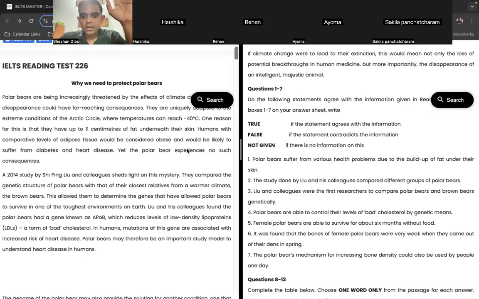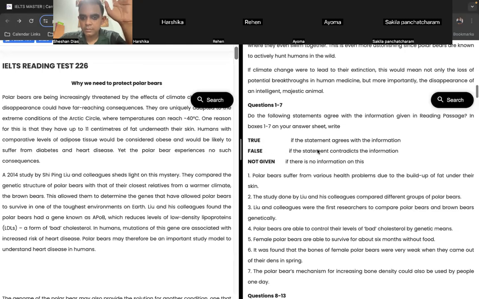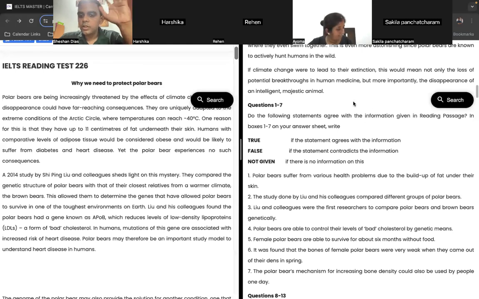Okay. Now, as you can see, the first type of question that you have got is a true, false, and not given type question. There is no word count per se for this because all you have to do is write true, false, or not given. Some students, because they are lazy, say T, F, N, G. Is this correct?